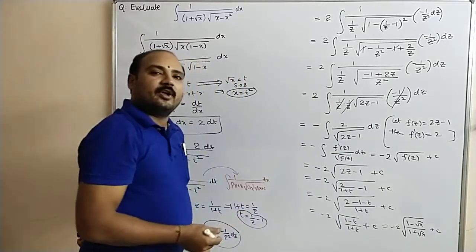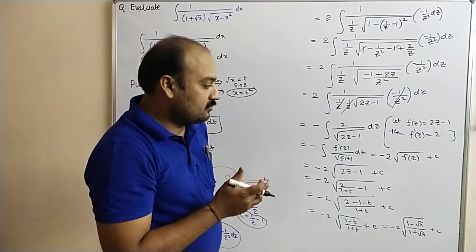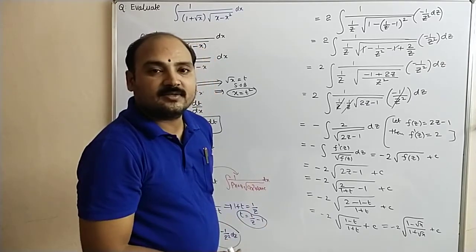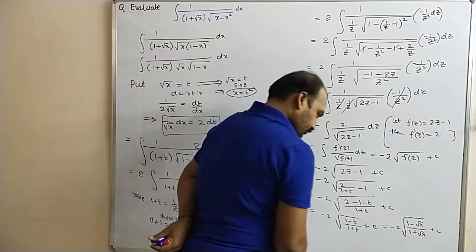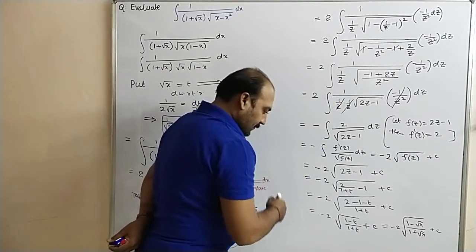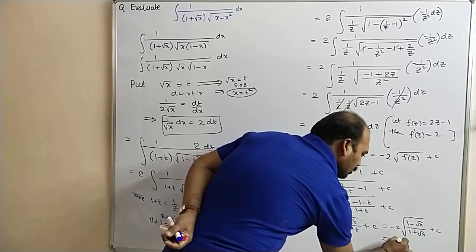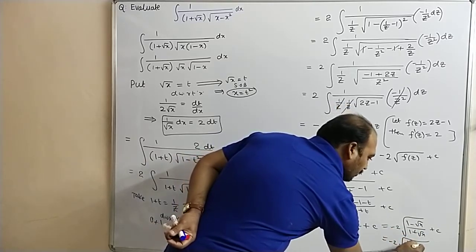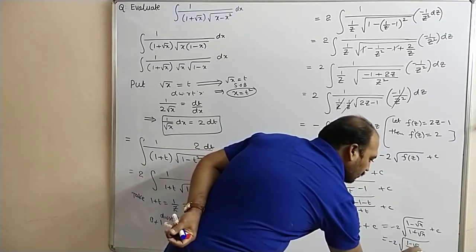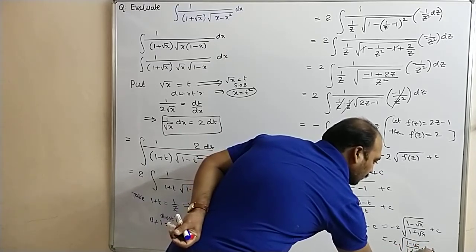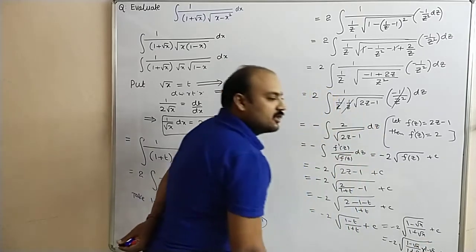If you want to simplify, multiplying and dividing by 1 minus root x. So now we can write it as, otherwise you can leave here, minus 2 into root of, multiplying and dividing by 1 minus root x.